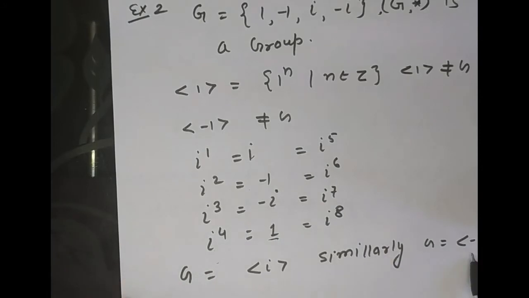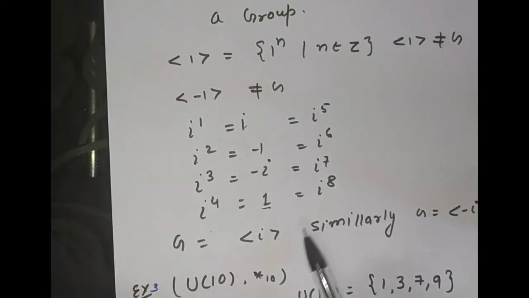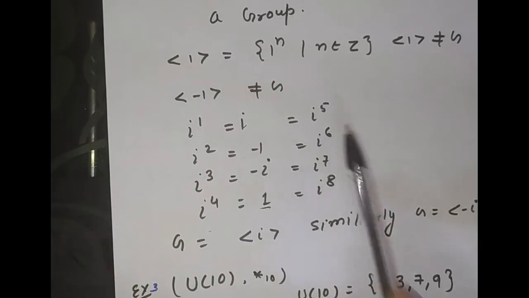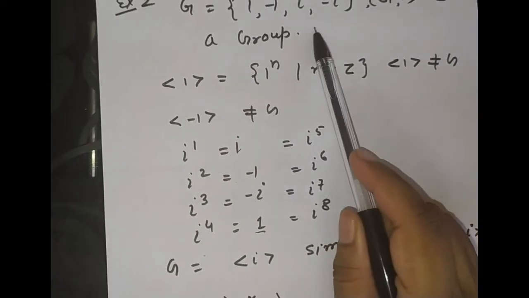Similarly, we can prove this minus iota is also a generator of this group. So this group is a finite cyclic group for multiplication. Here iota and minus iota are the generators of this group. So our first observation was that any group can have more than one generator. In this example we have two generators, that is iota and minus iota.